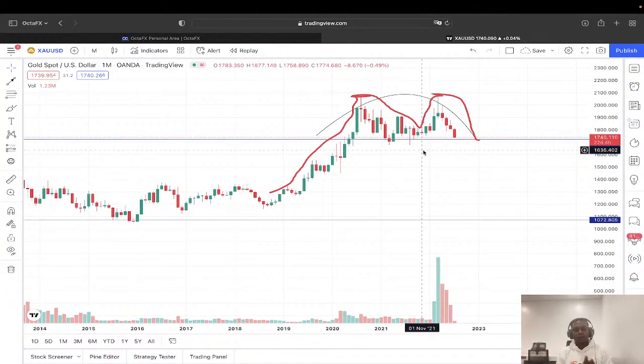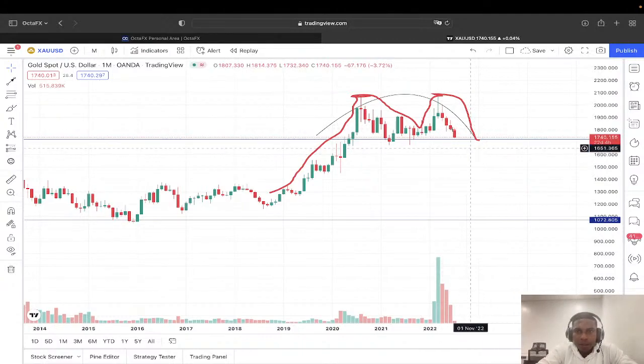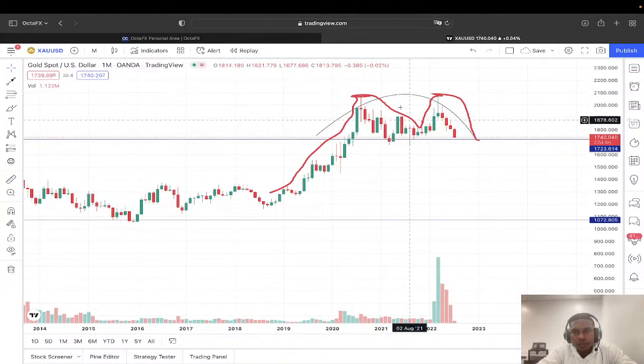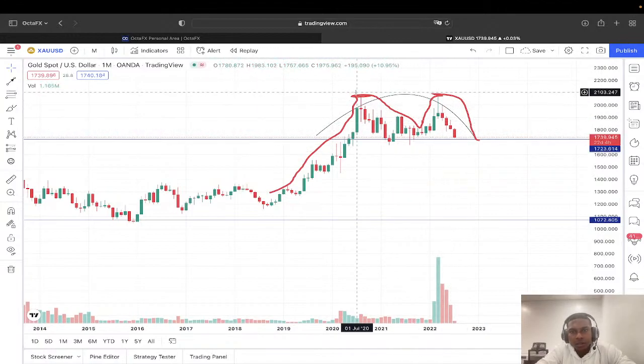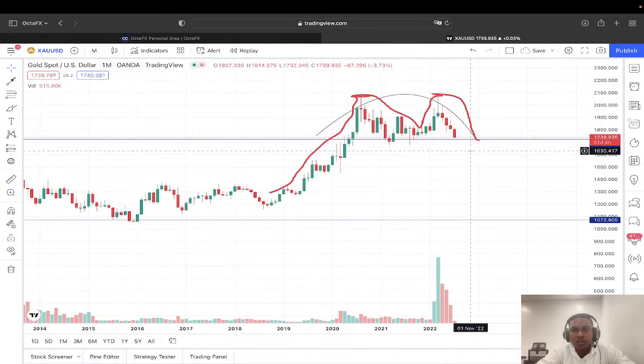Let me put it that way: a double top is a reversal pattern. As you can see, you look at it here, touch this place, came down, touch this place, come down.